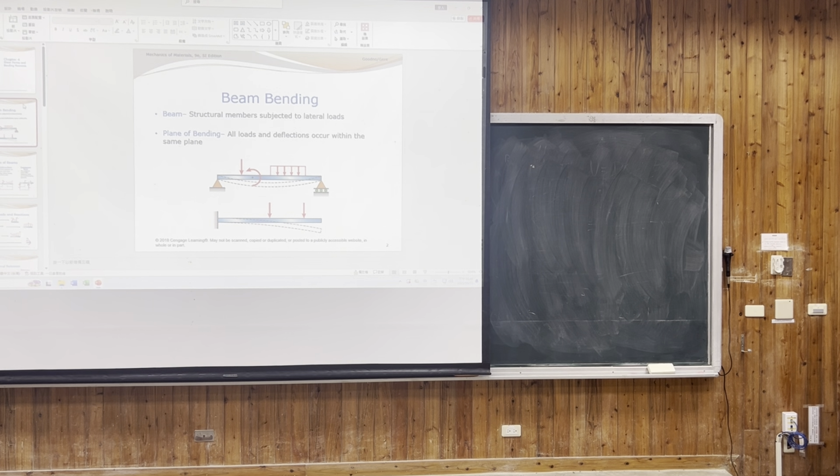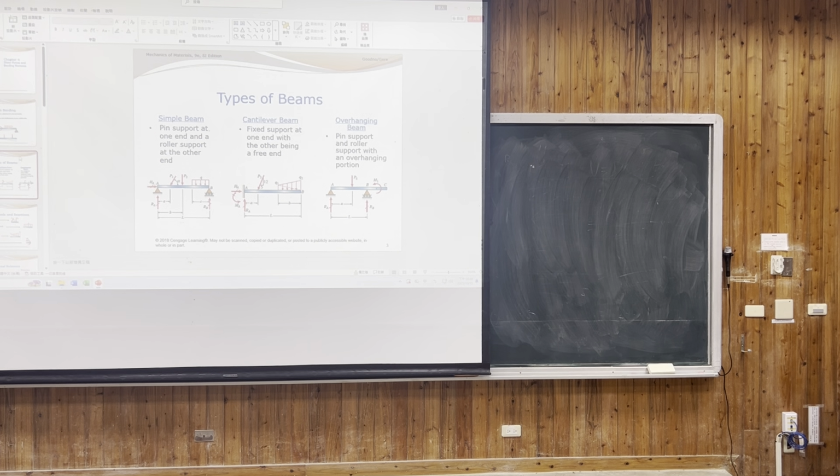There are different types of beam, and they will definitely affect the answer of your free body diagram and the shear or moment diagram. When we're talking about a simple beam, it contains a pin and a roller. You know the difference between the pin and the roller, right?